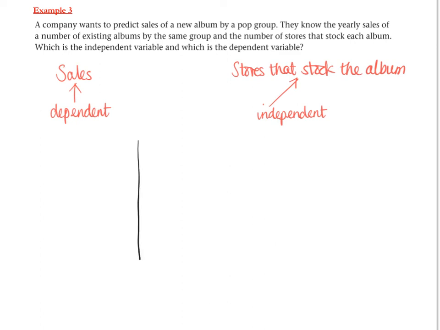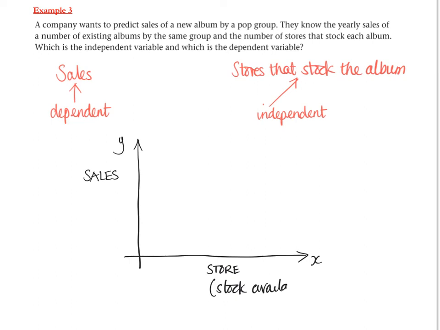On the y-axis, we'd have sales, because sales depend on the stores that have the albums for sale. So that's actually the stock that's available. So you need to know these new terms. It could be called independent or explanatory, and it could be called dependent or response variable. So that's the two new definitions.